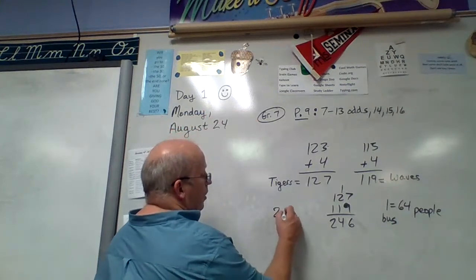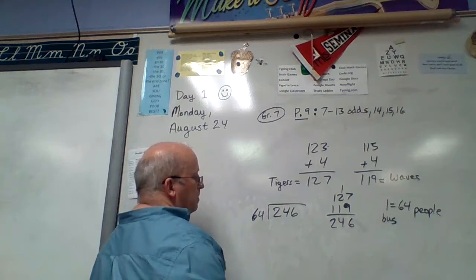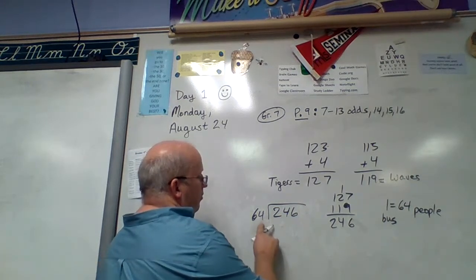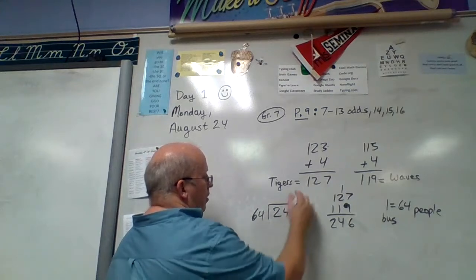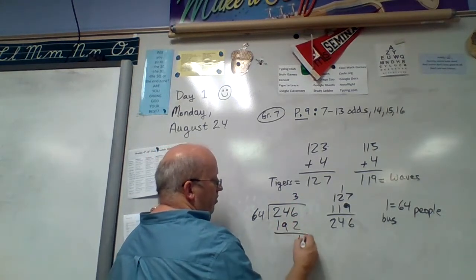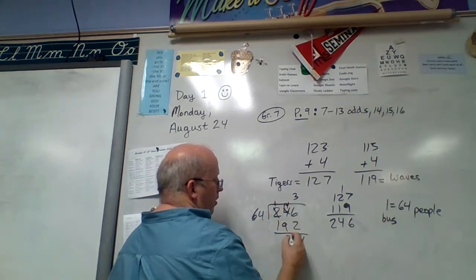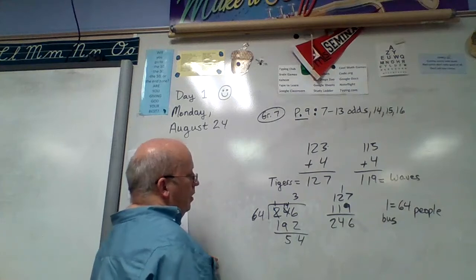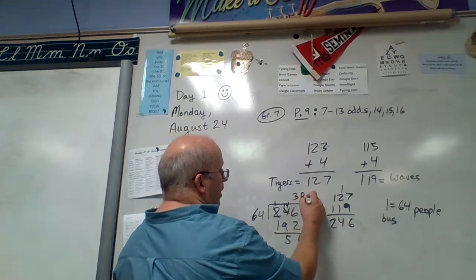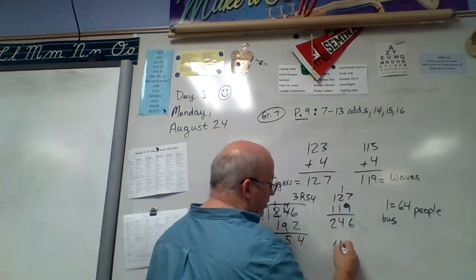Isn't this 246 divided by 64? 64 goes into this 3 times, and when I do it, I get 192 with a remainder of 54. So we're going to need 3 buses, but we're going to have a remainder of 54 people, so we really need 4 buses.